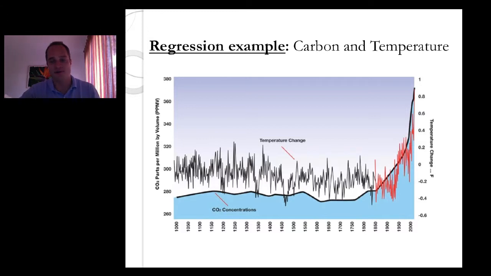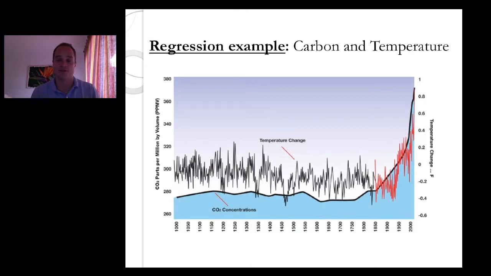Here's a graph that's more sophisticated than we'd need for our regression analysis, but certainly all of you have heard of the seeming relationship between the Earth's mean temperature and the carbon dioxide, CO2, emissions in the atmosphere. The reason that many scientists believe that this is a product of carbon emissions is through data.